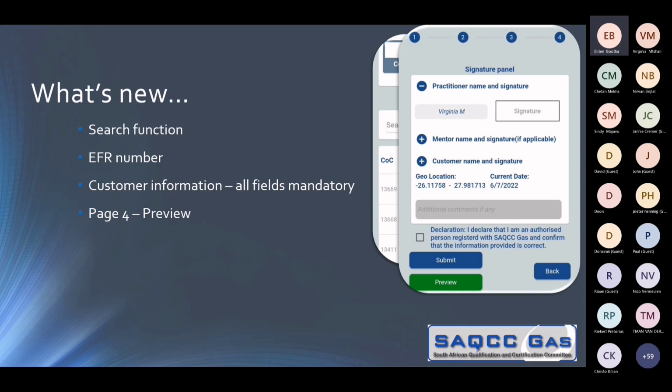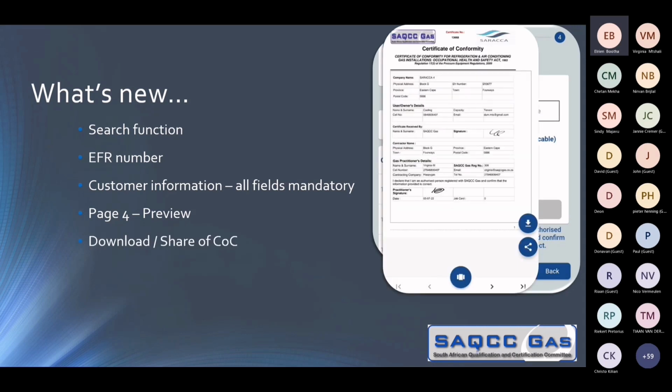The next one, which is quite nice: when you go to your front page, click on the PDF button and open it, it now has a scroll button where you can scroll between your pages.